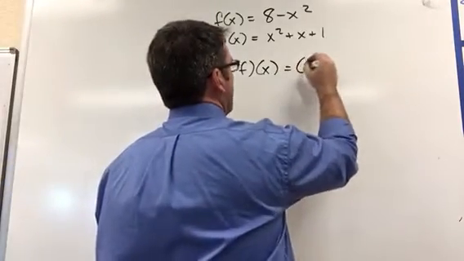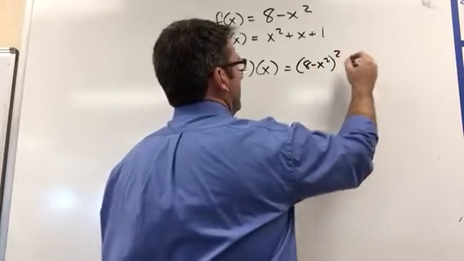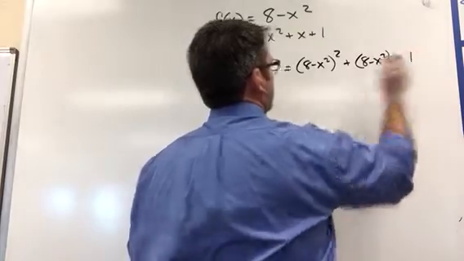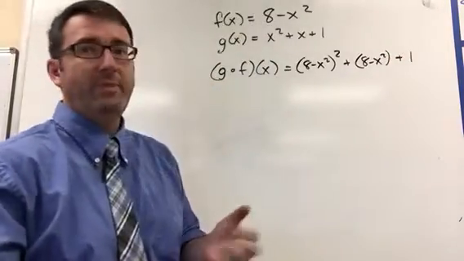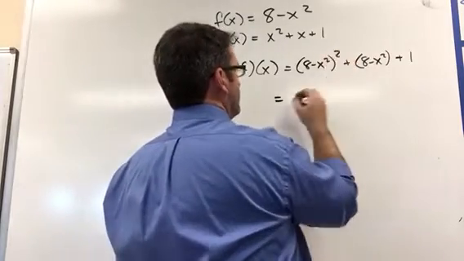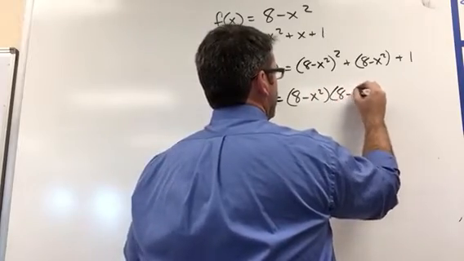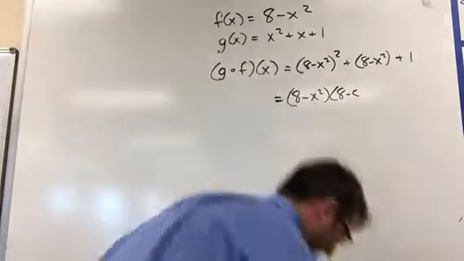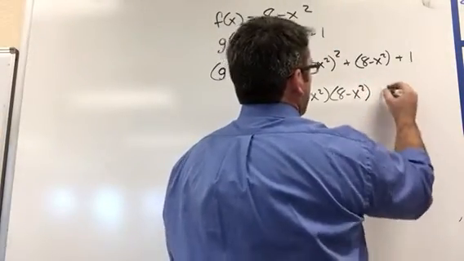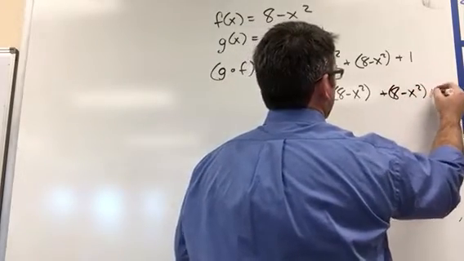So we've got 8 minus x squared plus 8 minus x squared plus 1. All right, so now let's expand that. So 8 minus x squared squared, that's 8 minus x squared, times 8 minus x squared, plus 8 minus x squared, plus 1.